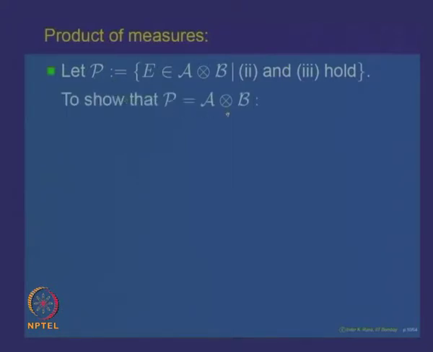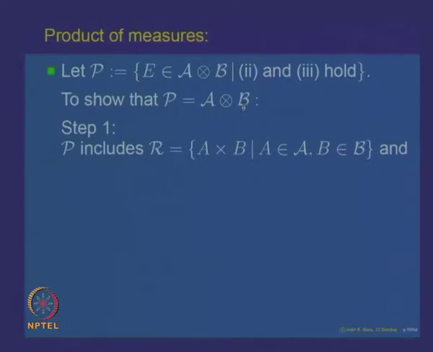To show that, we will do the following. First, we will show that the set of all rectangles is inside this collection P, and second, that this collection P is closed under finite disjoint unions. What will that prove?